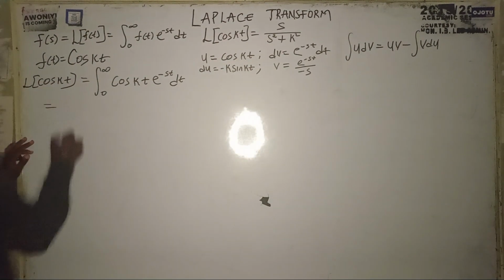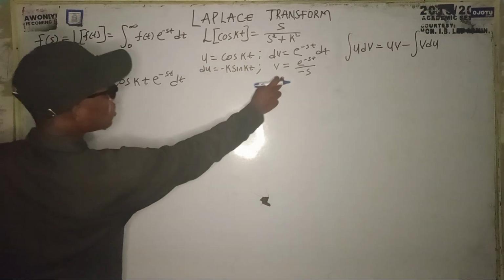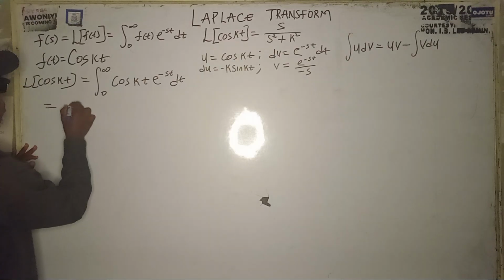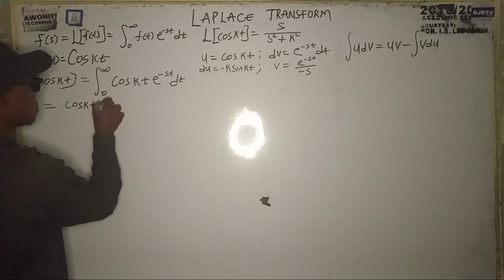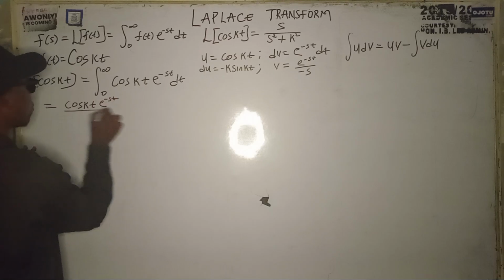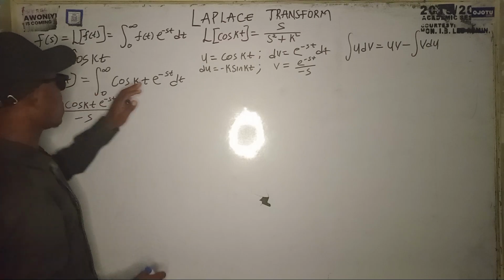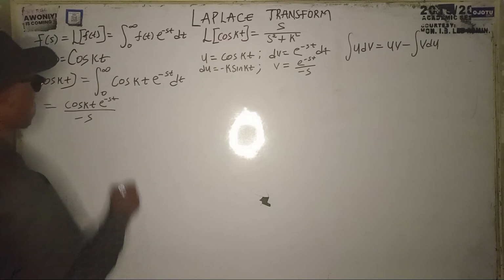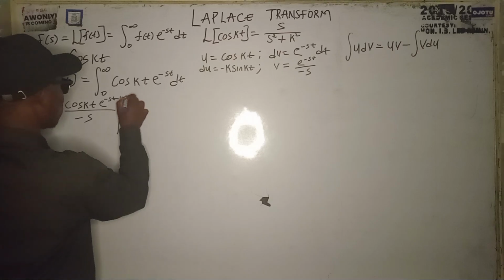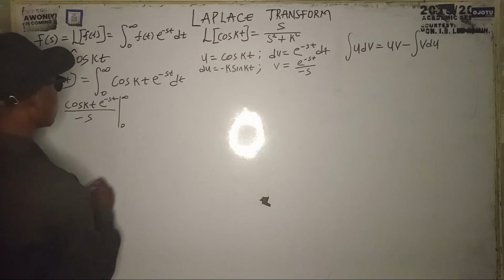We have our Laplace transform of cos kt to be equal to our u times v, which is cos kt times e raised to the power minus st over minus s. Now since it has bounds, we just apply the bounds infinity and 0.